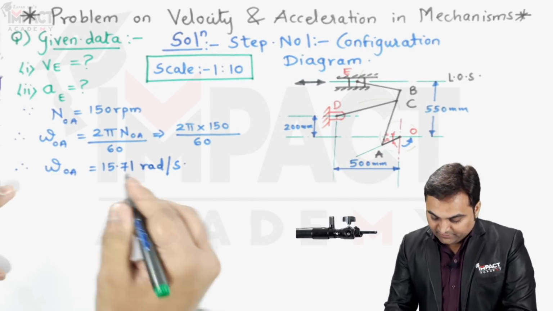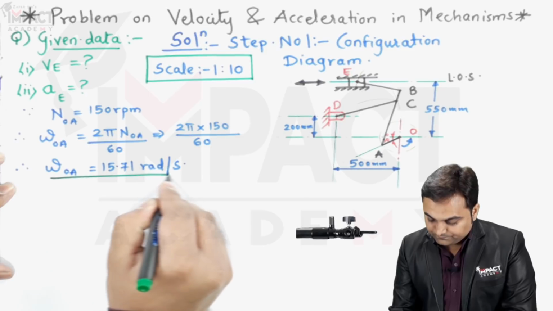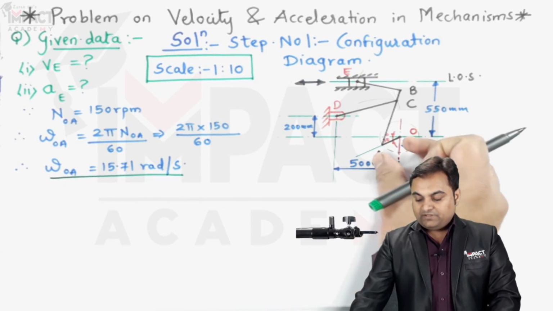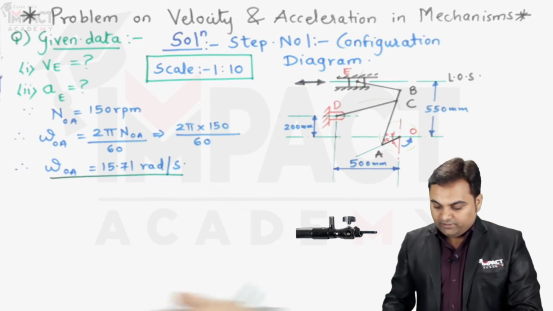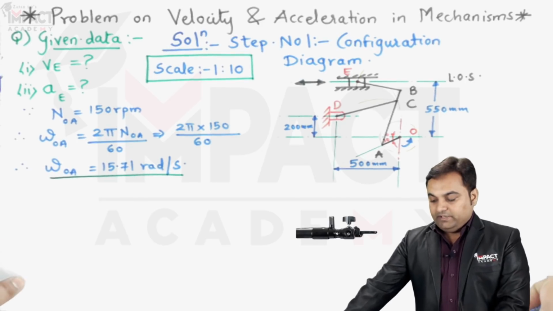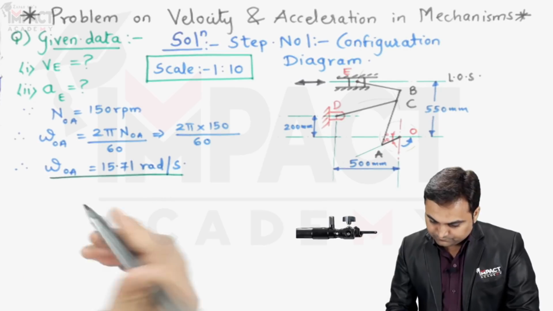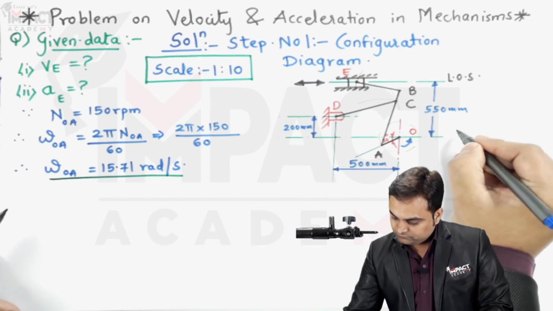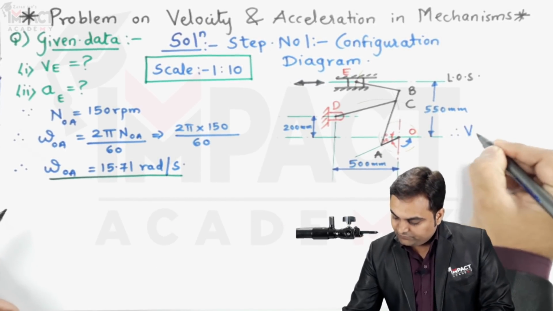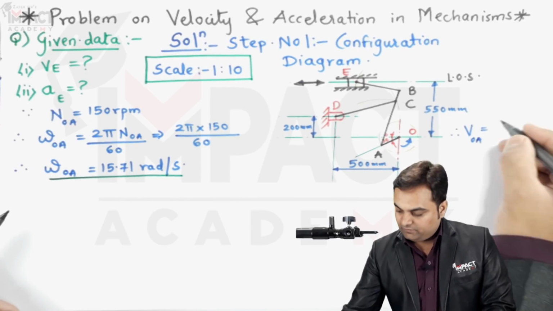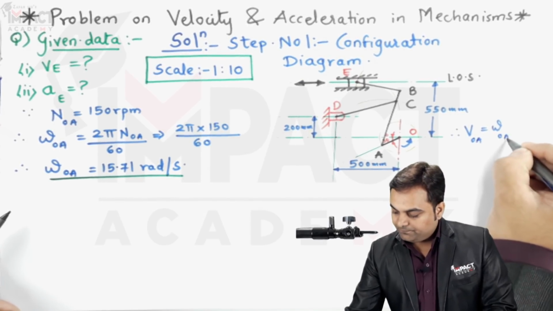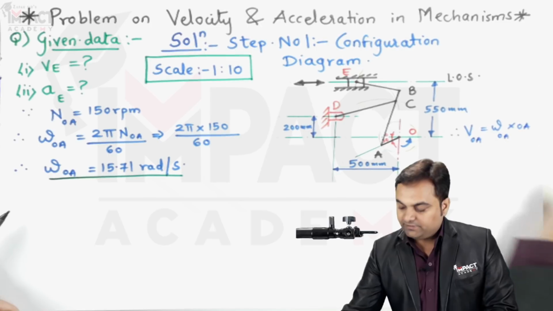Now after getting the angular velocity, I'll calculate the linear velocity for this link OA, because that would be required in the velocity diagram. The linear velocity is equal to angular velocity of the link multiplied by the link length.